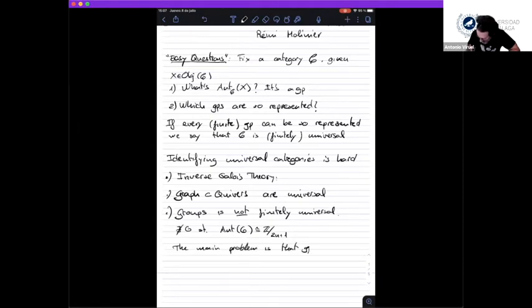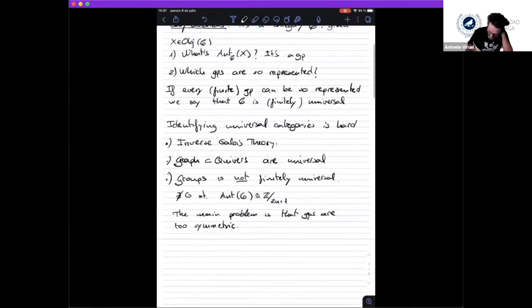The main problem is that groups are too symmetric. For any group, we get the inner automorphisms of G, which form a normal subgroup of Aut(G). So if you start with something which is not abelian, you start having a lot of symmetries.